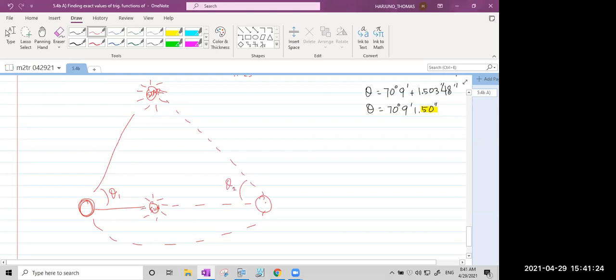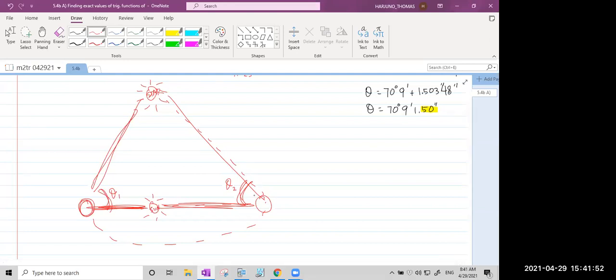Okay, now then we will use trigonometry, which is what we learn here. We see the distance here and the distance here, which we know. Using this angle here, we will be able to find the distance here and the distance here. This is something we will learn later on.